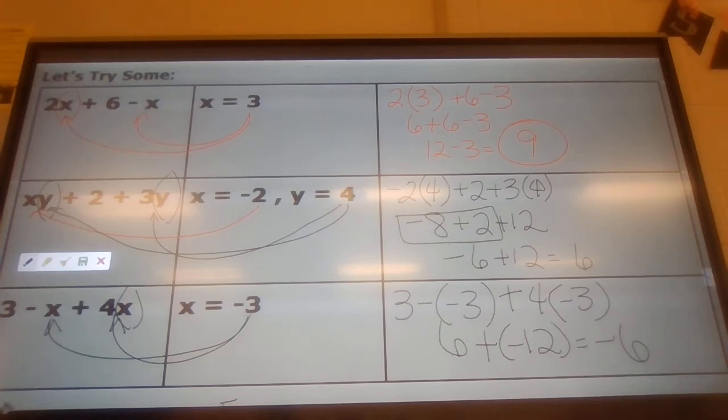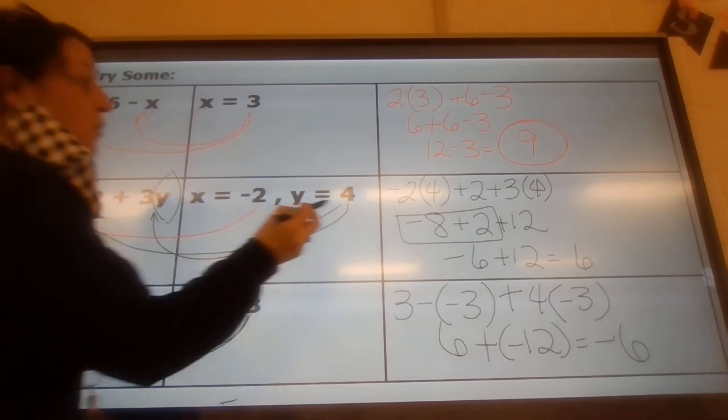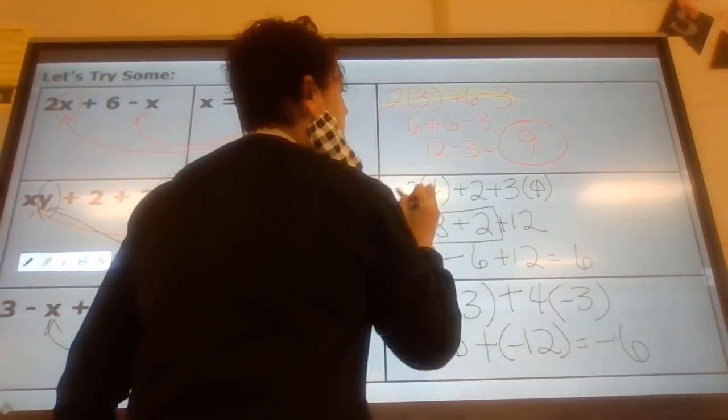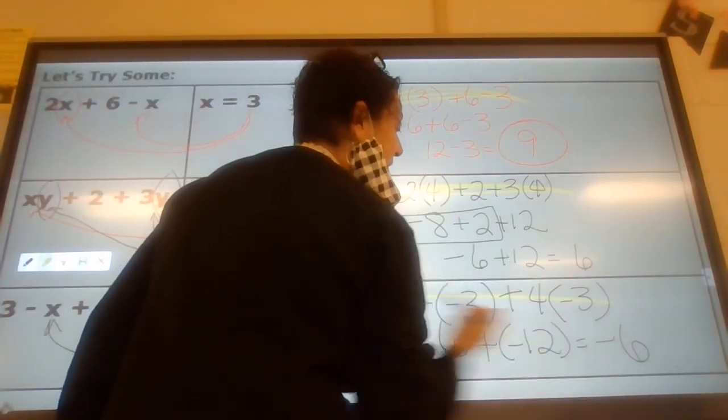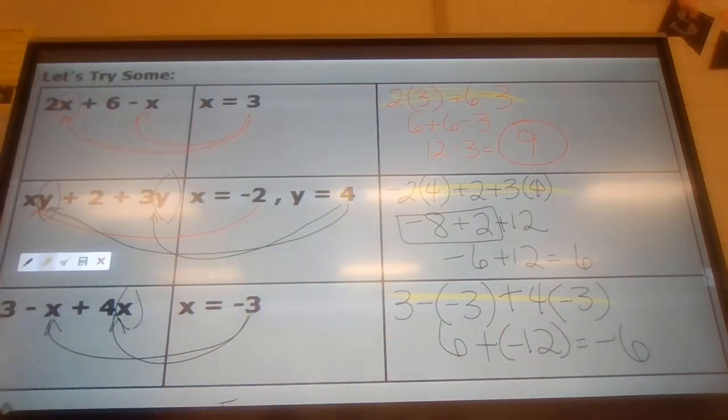All right, here's my question. How many of you were correct in all of your substituting? Everything was right on that step right there. Give me a thumbs up if you had everything substituted correctly. But what ended up happening is your integers got you and you didn't end up with the right answer.